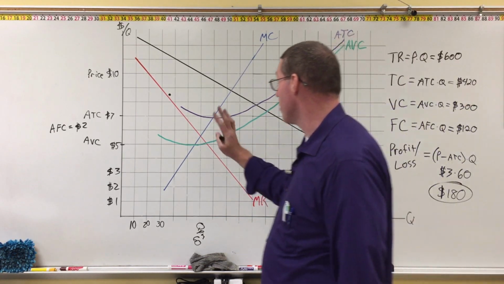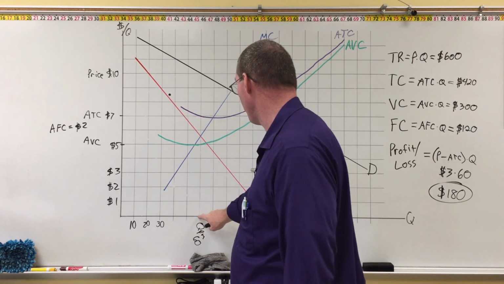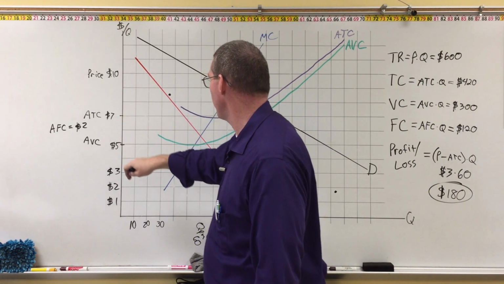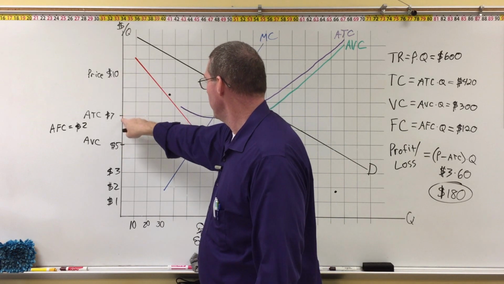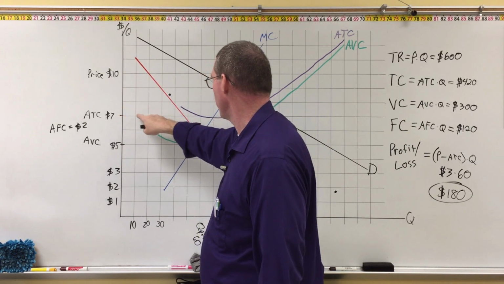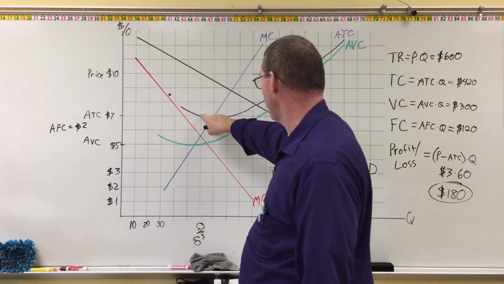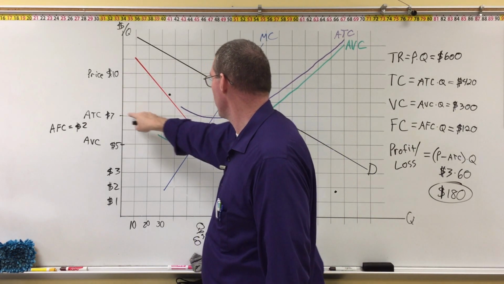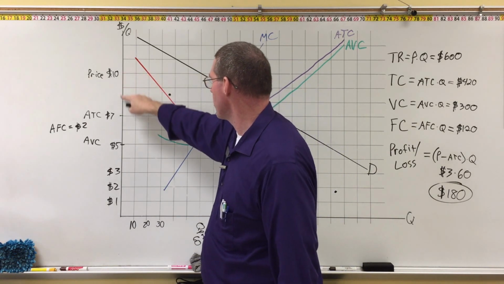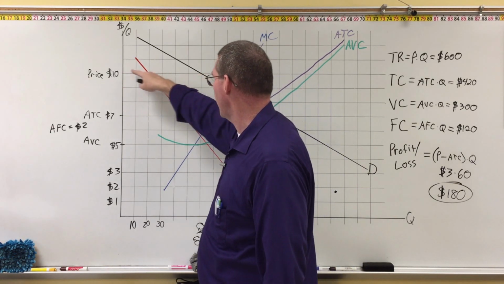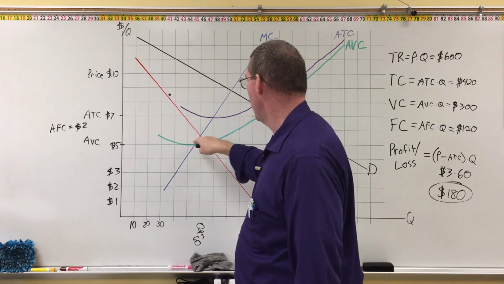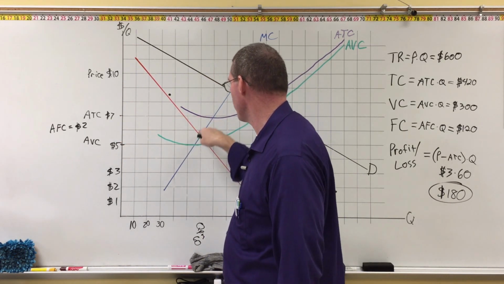There we go. And we can see the profit rectangle if we go from here up here. You can see here the difference between price and average total cost. So this is the height of the profit rectangle. Then we're going to go all the way over to the profit maximizing quantity, then up to the demand curve here and over here. And this rectangle right here represents the profit rectangle. This rectangle right here represents the fixed cost of the business.